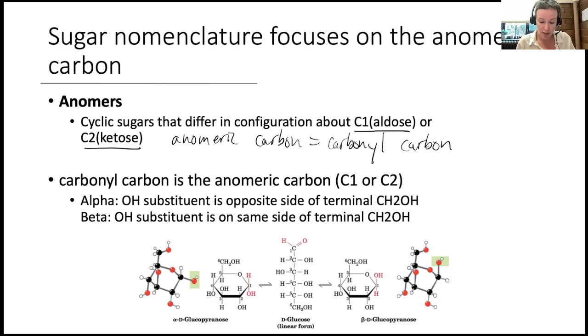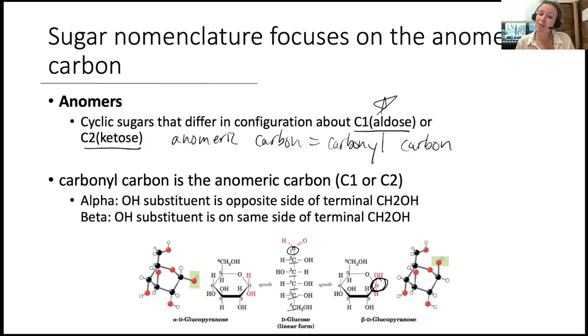So glucose is an aldose, which means it has an aldehyde. We count that carbon as carbon number 1, so it would be the anomeric carbon, but you can see if we keep going, we just keep numbering the carbons, 1, 2, 3, 4, 5, 6. So when we go from the linear to the cyclic form of glucose, carbon number 1 is still the anomeric carbon.